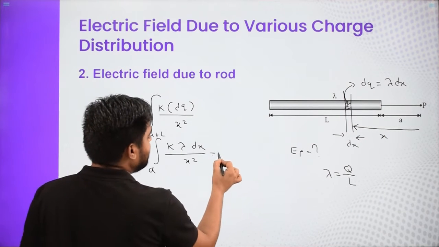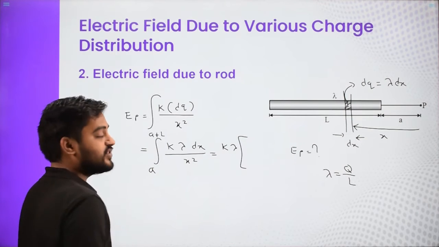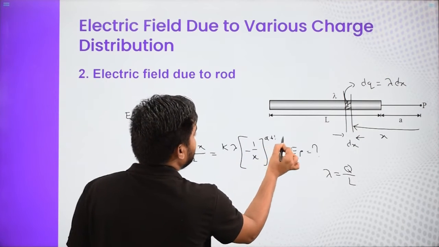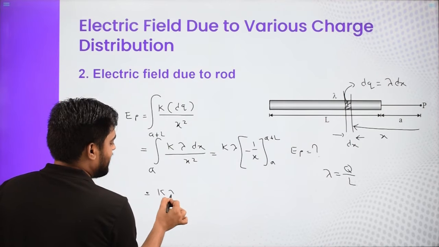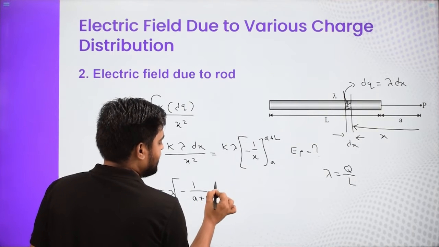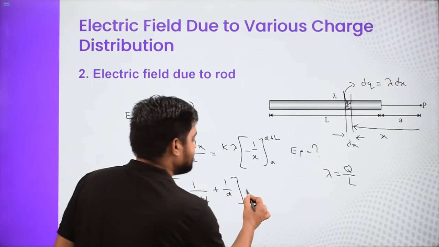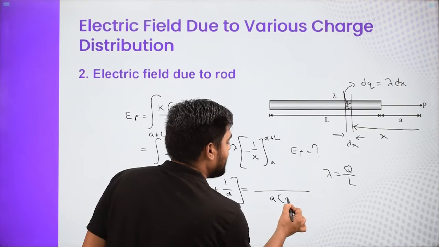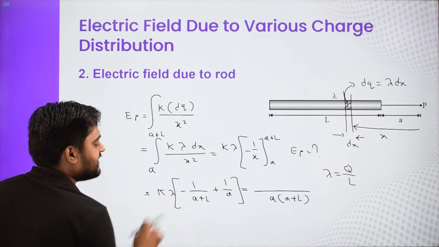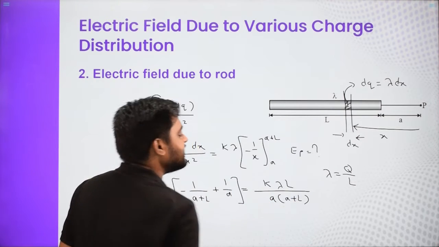And when you integrate, you get k lambda, which is a constant quantity, and the integration of 1 by x square is minus 1 by x, and put the limit a to a plus L. So we get k lambda into minus 1 by a plus L plus 1 by a, and when you take the LCM and simplify it, basically a into a plus L is the LCM, and then a plus L minus a, so only L is left, and this k lambda will also come over here. So this is the formula.